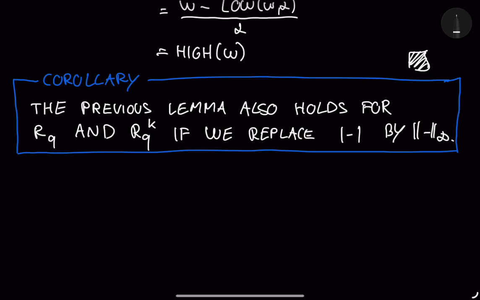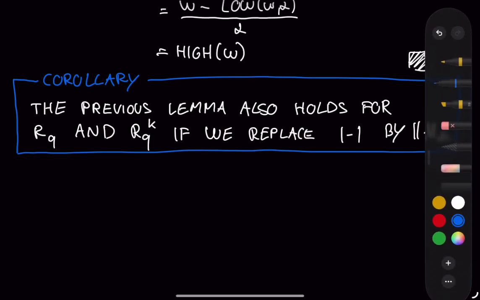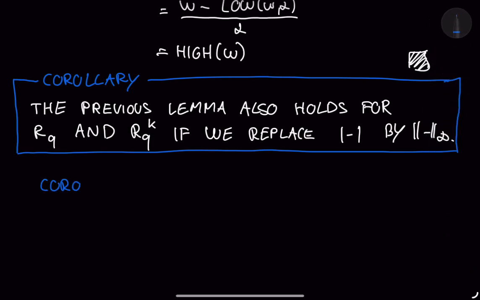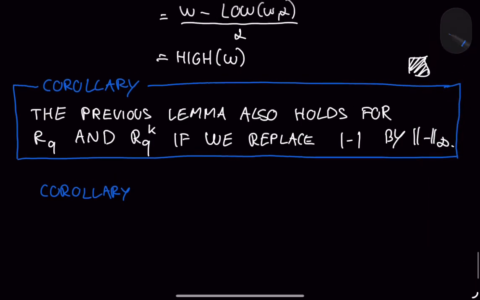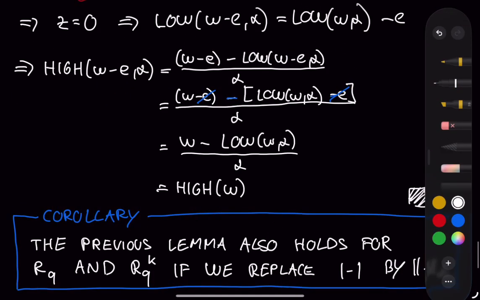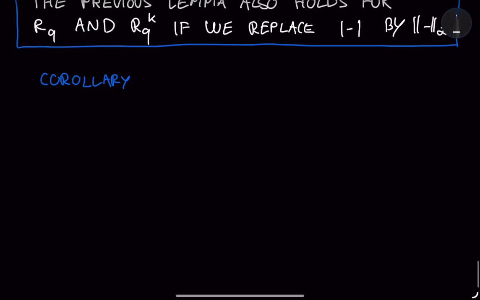Another important result I state is that when we go back to Dilithium, we get the condition under which the high value of W and W prime is the same.